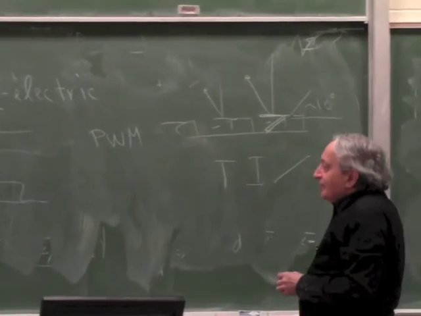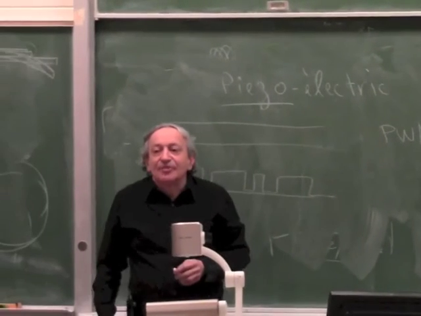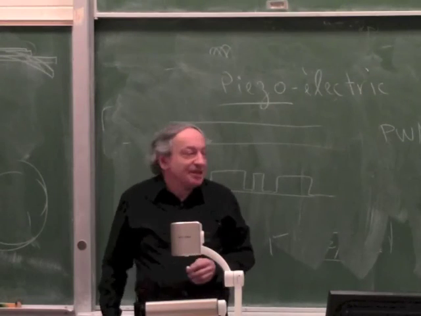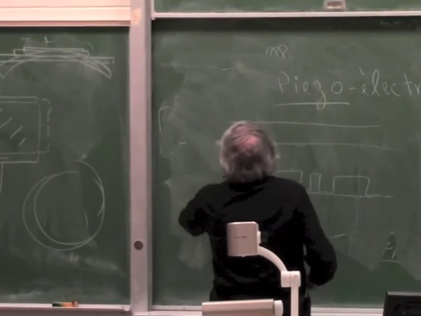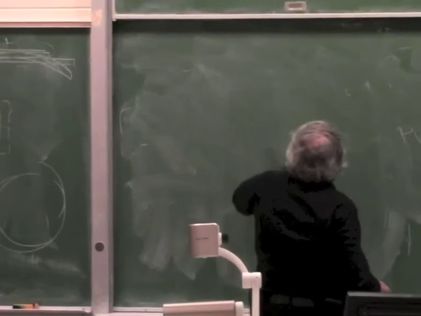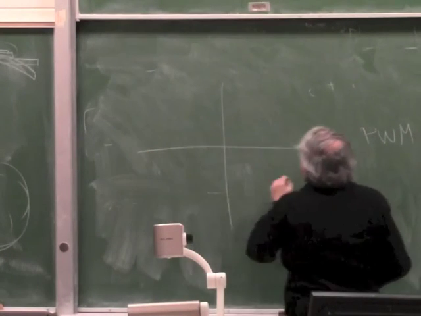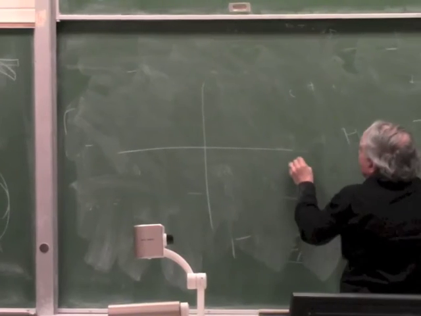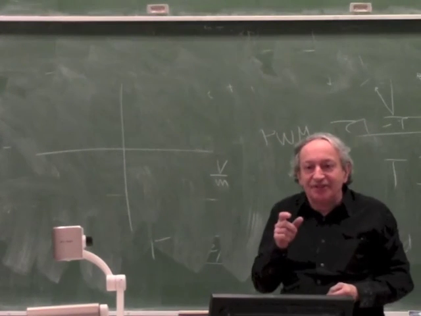Now, it turns out that piezo have a lot of the problems of hysteresis that magnetic actuators have. So when you draw a graph, this is voltage, or actually it should be V over M, because what it responds to really is electric field.